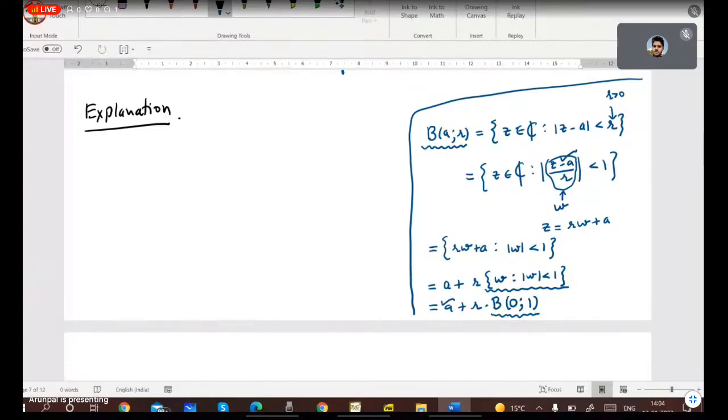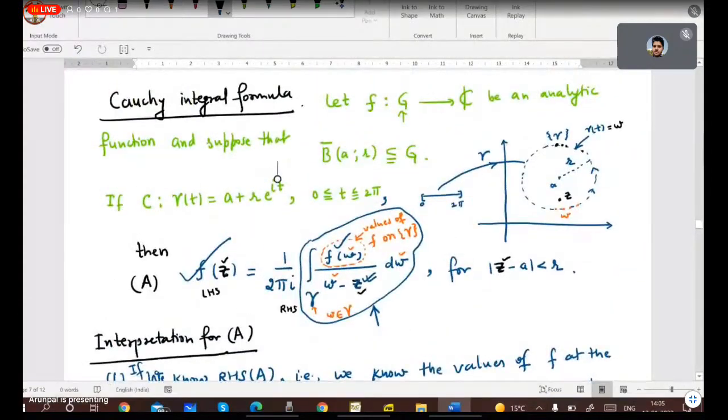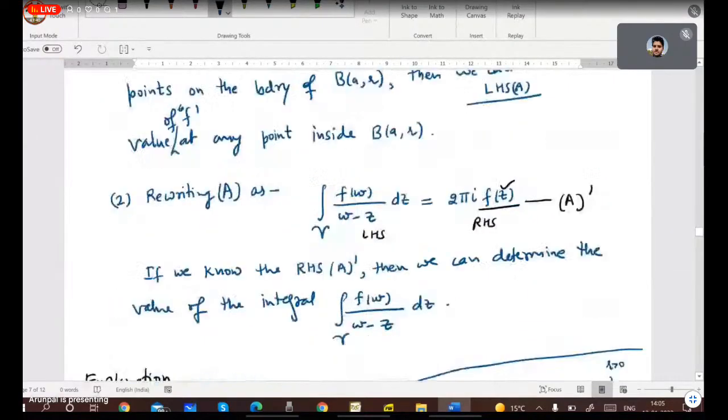Right, class? That's why, class, whenever you are dealing with a structure on some vector space, it is sufficient to make your discussion at the ball having radius 1 centered at the origin rather than having any general ball. Is this okay, class? Yes, sir. So, class, in our statement, we have taken this general ball. So now I am going to replace this ball by this one.